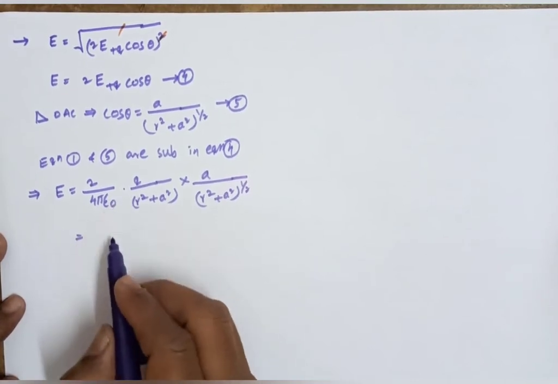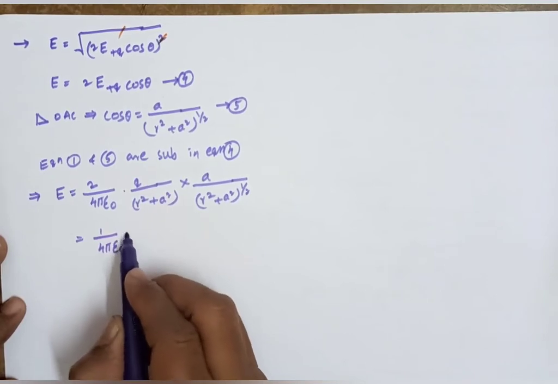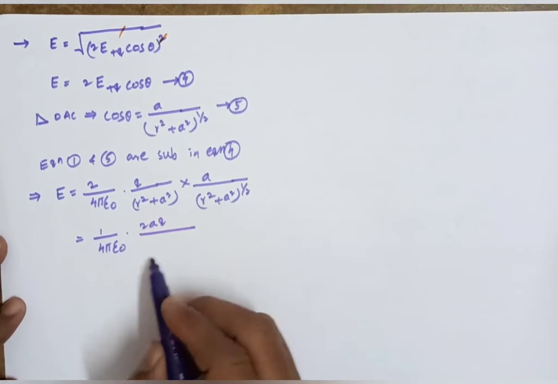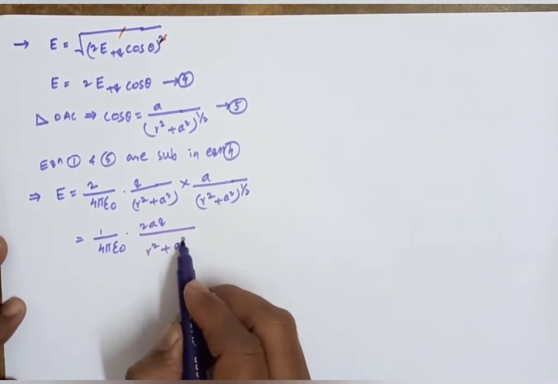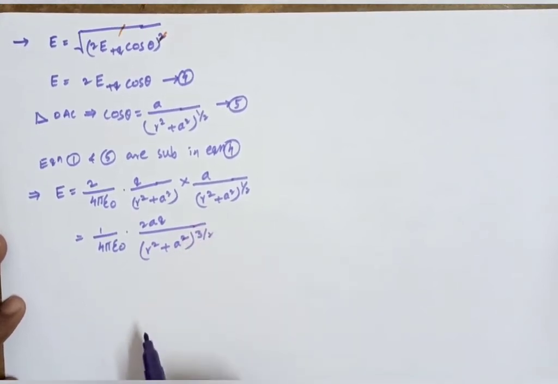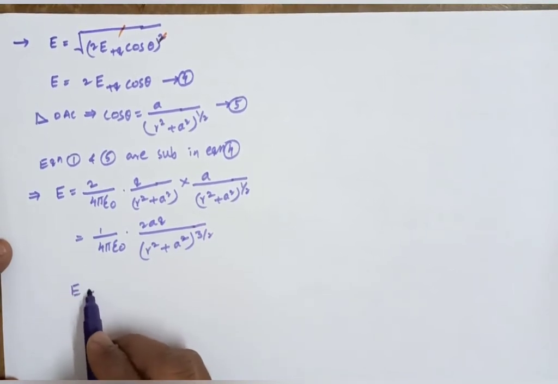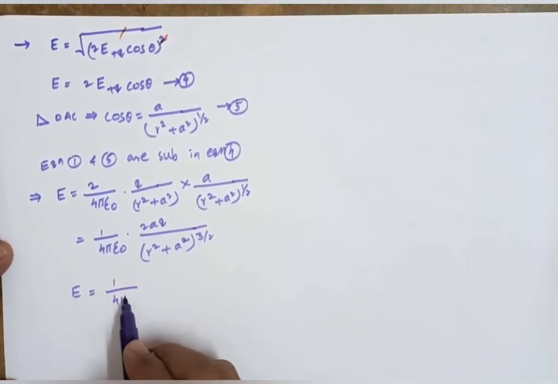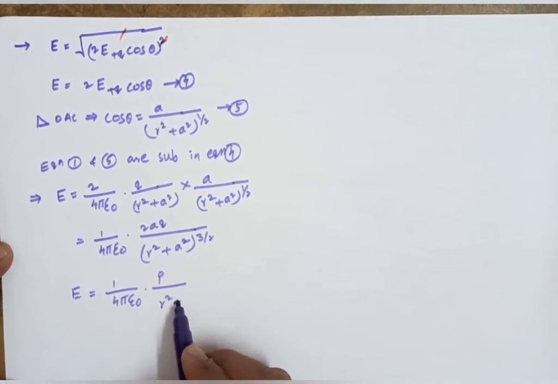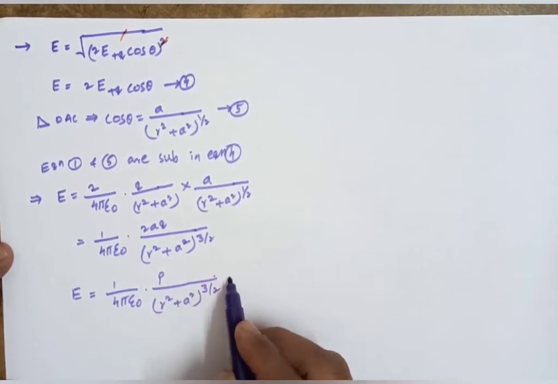So from this equation, 1 by 4 pi epsilon naught into 2aq divided by (r square plus a square) power of 3 by 2. Okay, 2aq is nothing but dipole moment. So then E equals 1 by 4 pi epsilon naught into p by (r square plus a square) power of 3 by 2. This is equation number 6.